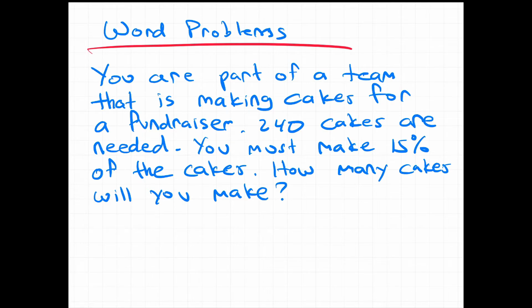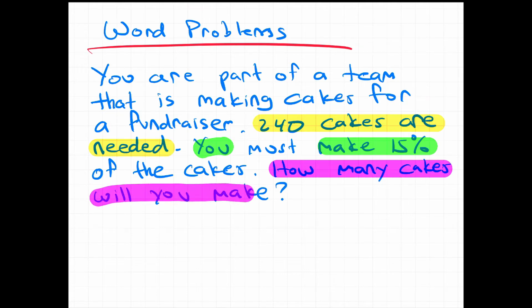None of that is really that important other than something is happening. What is important is that they need 240 cakes, and you are going to make 15% of those cakes. And what we need to know is, what do they want us to calculate? Well, how many cakes will you make?